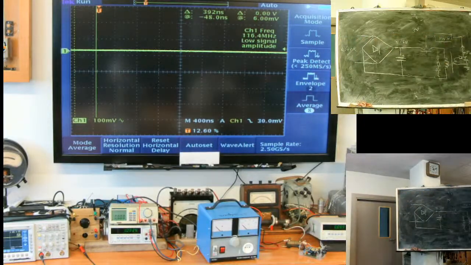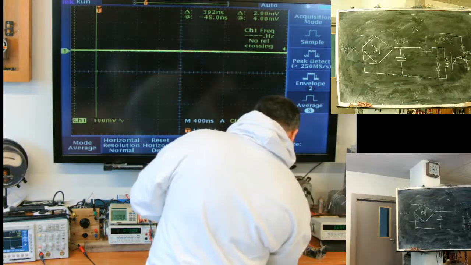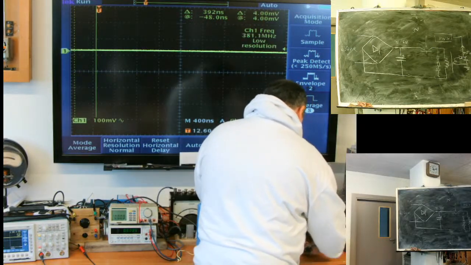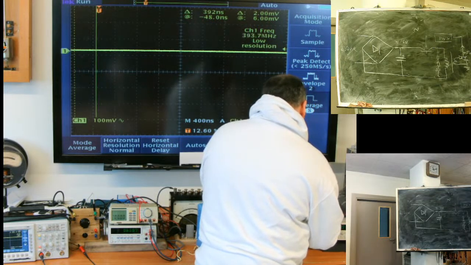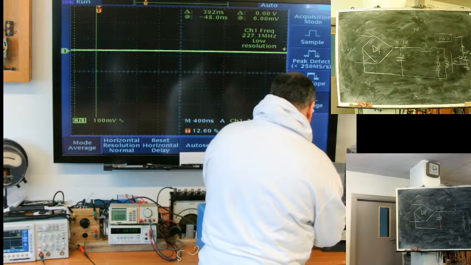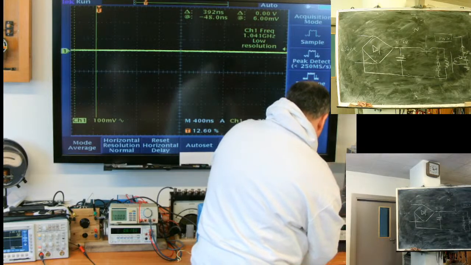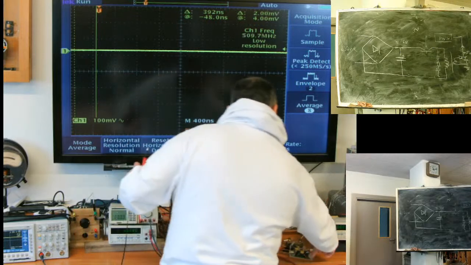One second, I will get my signal. This one goes here. This one goes here. Scope, where are you?